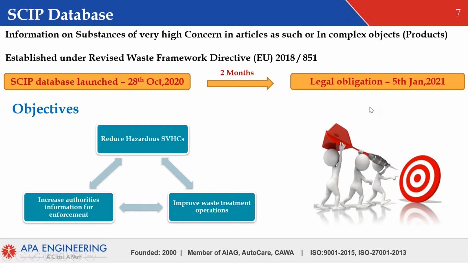The objectives of SCIP are to reduce the use of SVHCs, which are substances of very high concern, and also to provide authorities more information on the use of SVHCs around the environment and to analyze its impacts. And finally, to help with waste treatment operations, to better educate on SVHCs and how to properly dispose of those products.